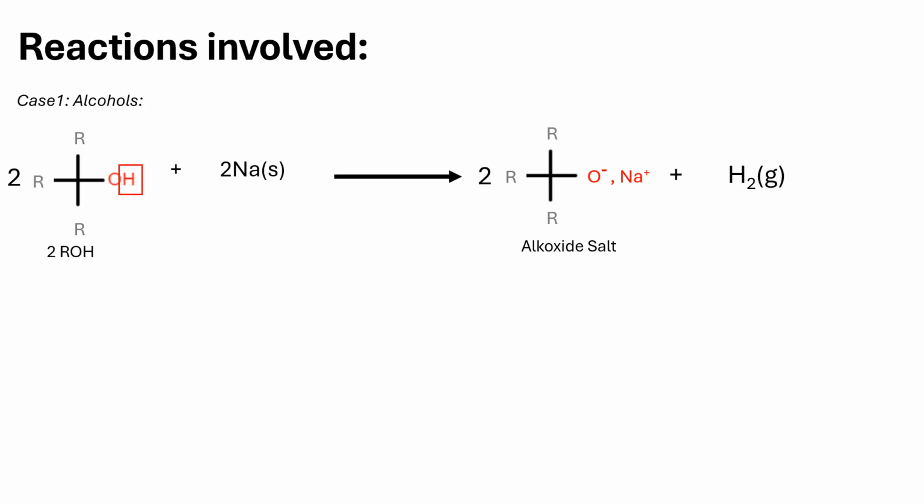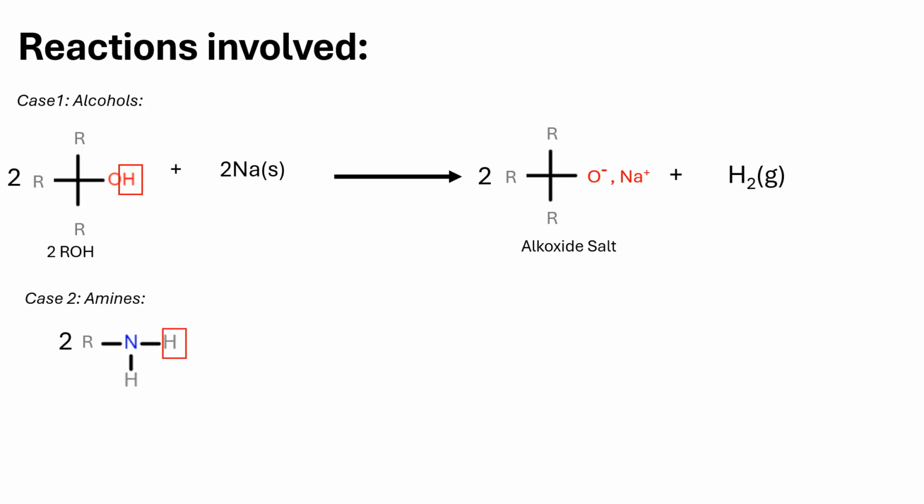We should mention that the alkoxide salt results from the liberation of the acidic hydrogen atom from the alcohol molecule or any molecule that holds this atom. So upon reacting the compound with sodium, the hydrogen atom will be released in the form of hydrogen gas, and the sodium metal and the alkoxide ion will form an alkoxide salt.